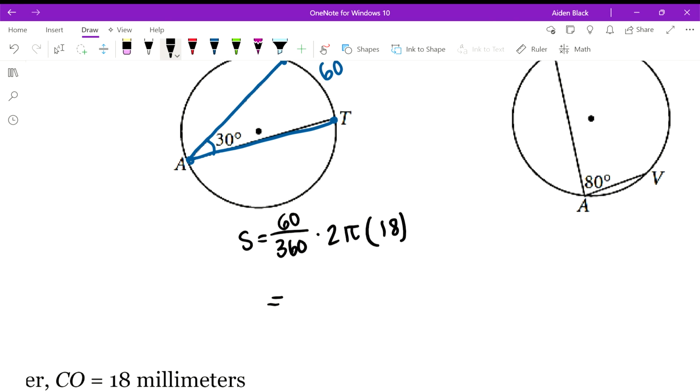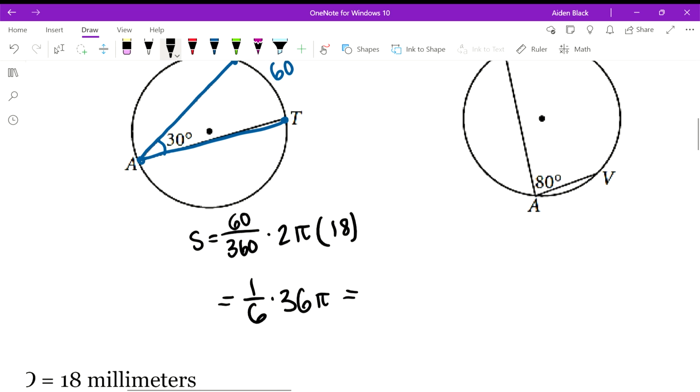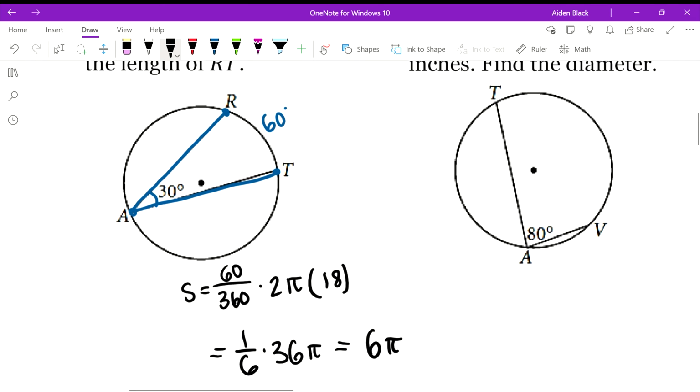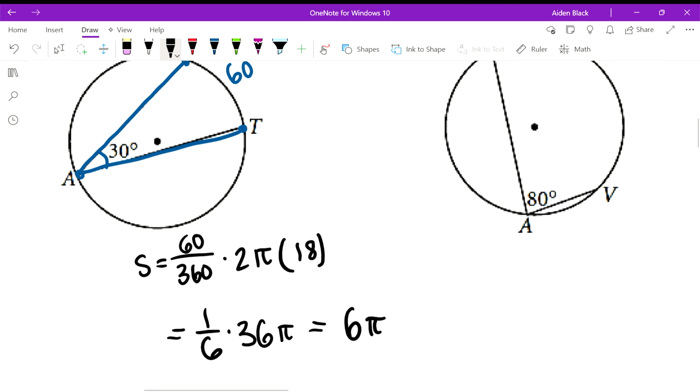We end up with 1/6 times 2 times 18 is 36. So we get 1/6 of 36 pi, which is just 36 pi divided by 6. So we end up with 6 pi. 6 pi feet.